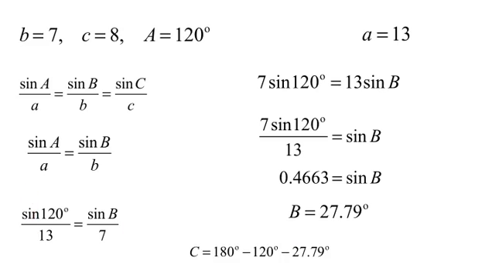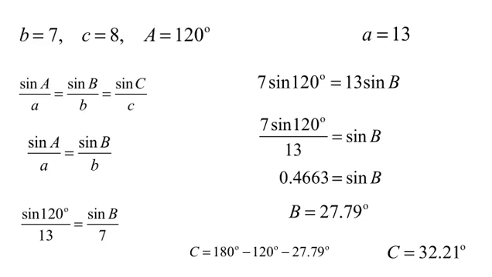So capital C is 180 degrees minus 120 degrees minus 27.79 degrees, which gives us 32.21. So I have all three sides. Little a is 13, little b is 7, little c is 8. Big A is 120 degrees, big B about 27.79 degrees, big C about 32.21 degrees.